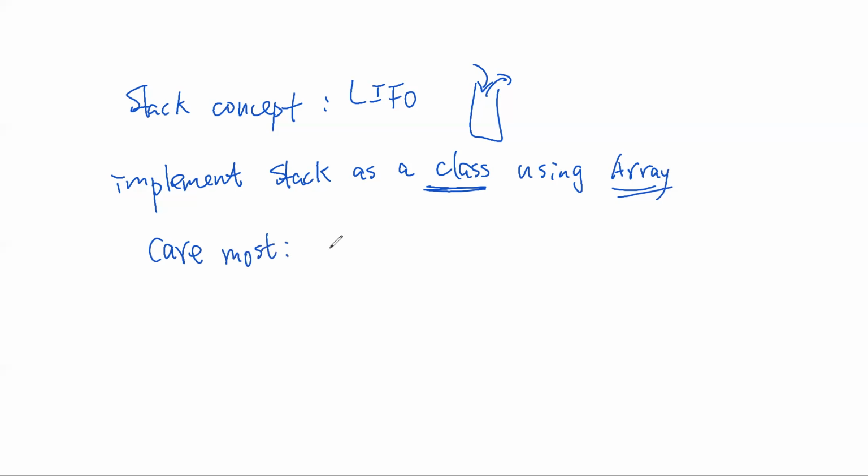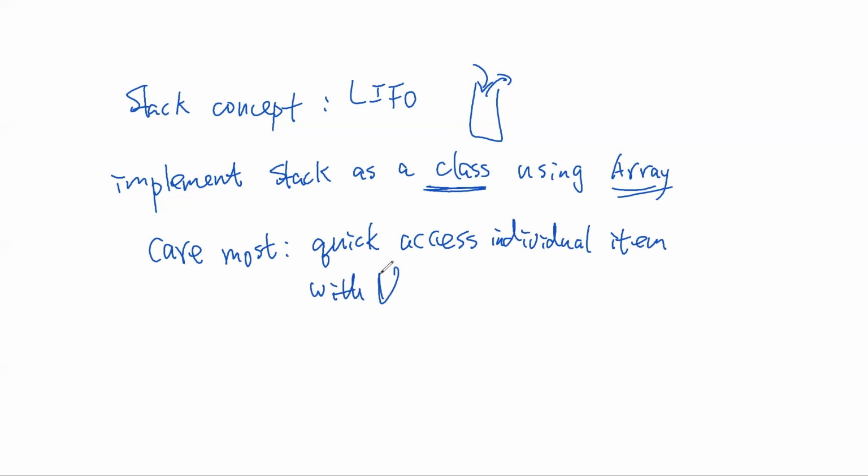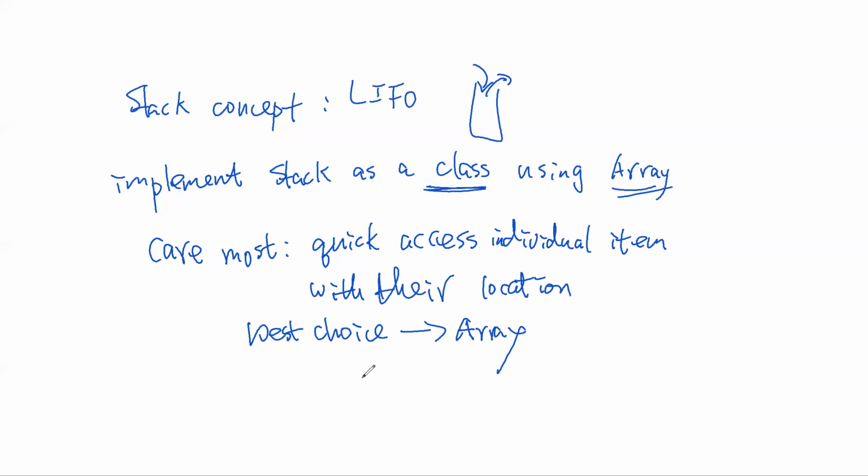If what you care about most is quick access to an individual item with its location, then the best choice is array, or array list, depending on whether your collection's size is changing. Because of the quick accessing.